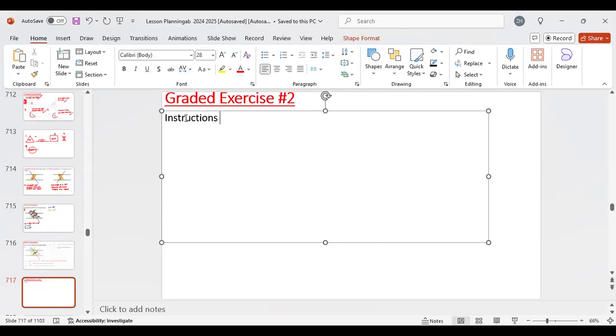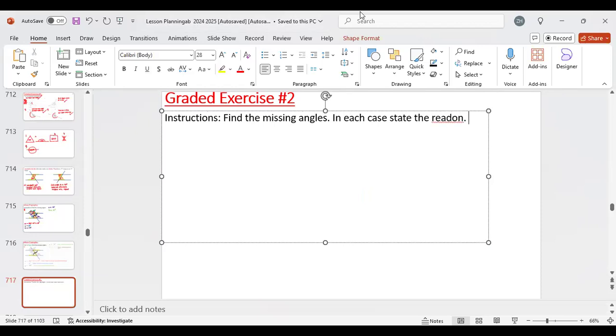This is the instructions. We're going to say find the missing angle in each case, state the reason.